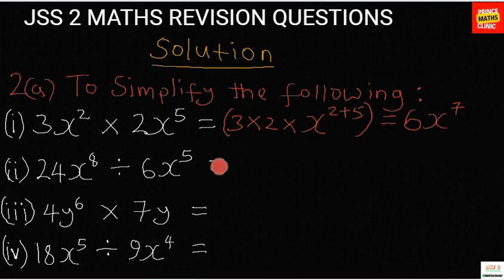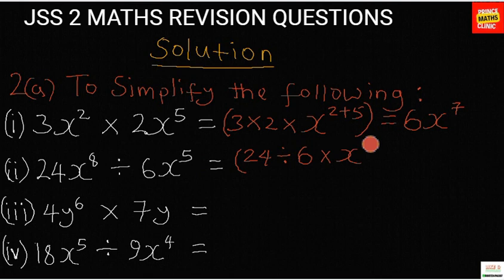Then let's look at the second one. The second one simply says we should divide. So you write down the figures first. 24 divided by 6. Good, you divide. Then our alphabet, I'll write it as times x. While you have division, division means subtraction. So you are going to subtract the second power from the first one.